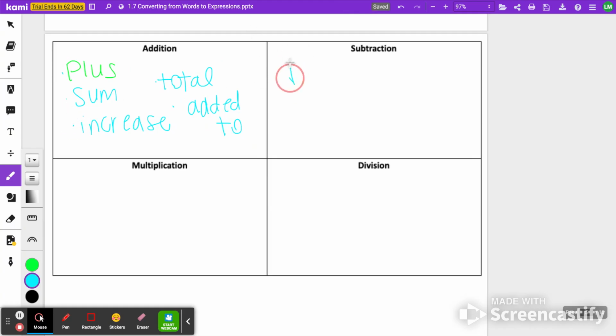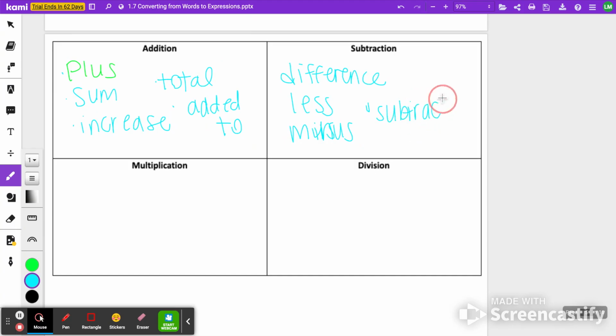For subtraction, a lot of the times we'll see the difference of, less, minus. You can actually see the word subtracted from. Multiplication, we would see the words like product, the word of, times, or multiply.